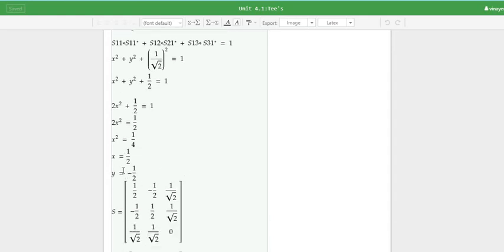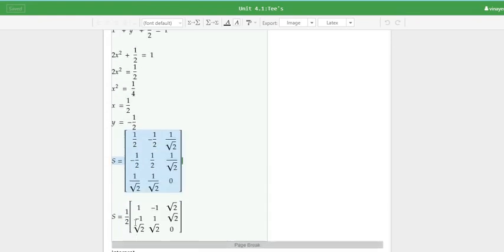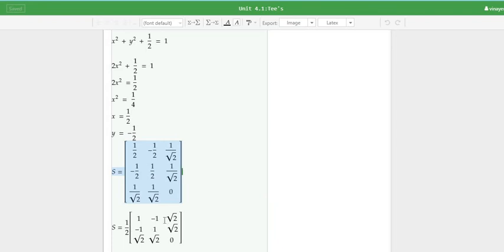So from this, we get x equal to half and y equal to minus half. So the S matrix of an H-plane T looks like this. Taking the half outside, it looks like this. Thank you.